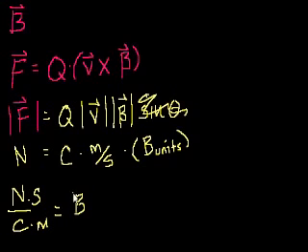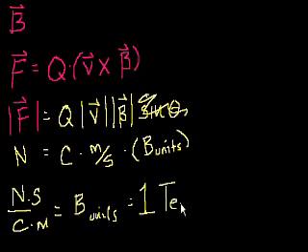Equals the magnetic field units. So the magnetic field in SI terms is defined as Newton seconds per coulomb meter. And that might seem a little disjointed, and they've come up with a brilliant name, and it's named after a deserving fellow, and that's Nikola Tesla. And so 1 Newton second per coulomb meter is equal to 1 Tesla.